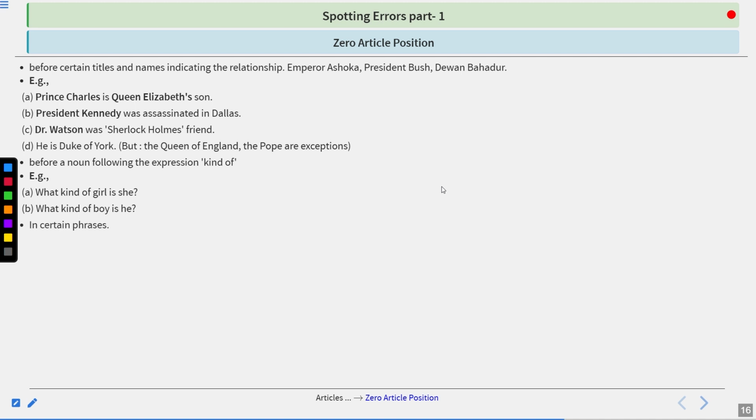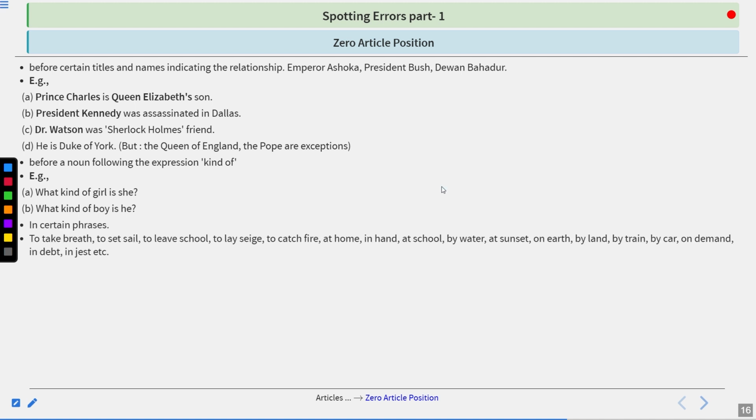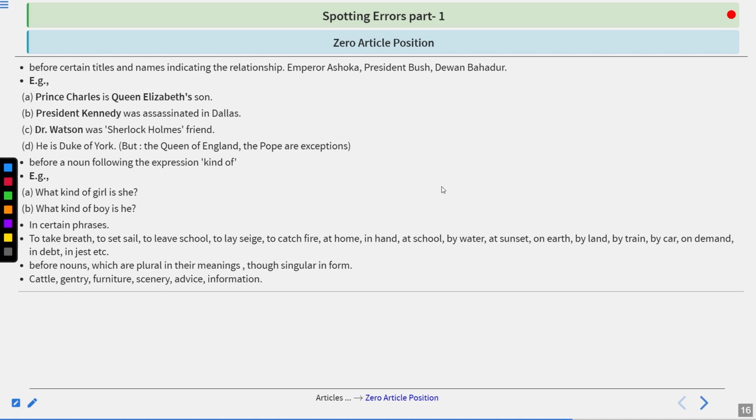In certain phrases: to take breath, to set sail, to leave school, to lay siege, to catch fire, at home, in hand, at school, by water, at sunset, on earth, by land, by train, by car, on demand, in debt, in jest, etc. Before nouns which are plural in meaning though singular in form: kettle, gentry, furniture, scenery, advice, information.